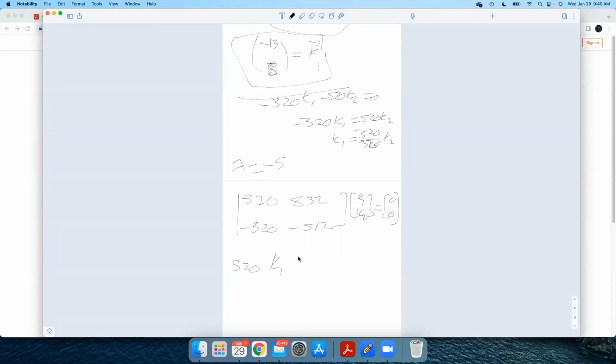You may have a problem with me reusing the letters K1 and K2 since I've already used those. If you want to use different numbers here and call these little coefficients of our vector 3 and 4, that's perfectly fine. But it's pretty standard to do this.